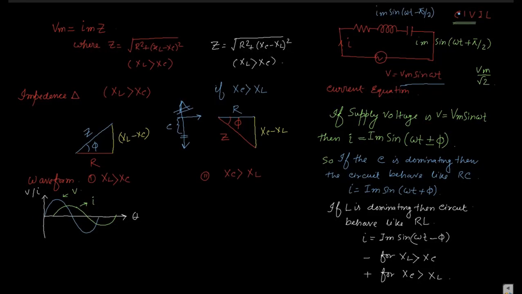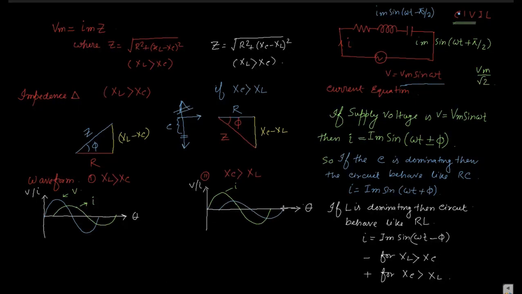When we consider XL less than XC, or XC greater than XL, the waveform becomes like this: this is theta, this is V or I, and if this is the current waveform, then this becomes the voltage waveform.